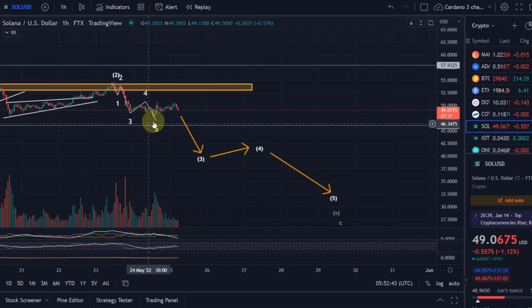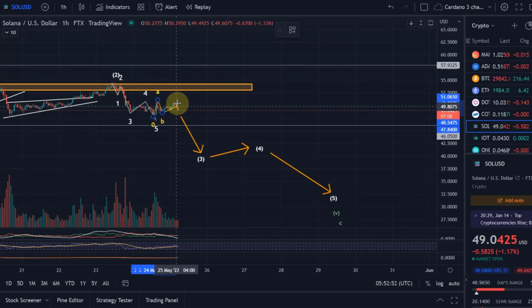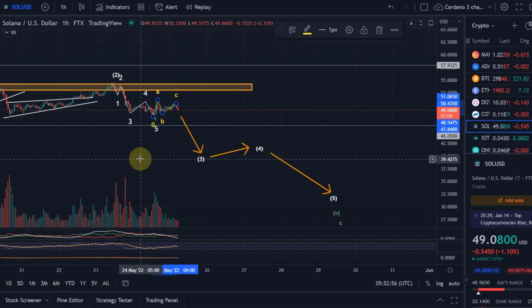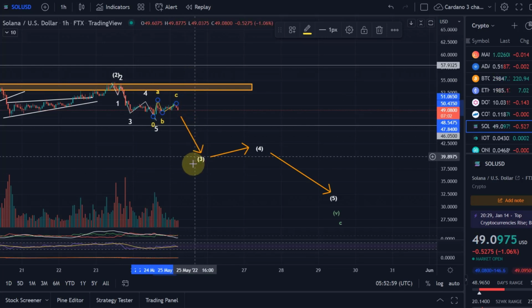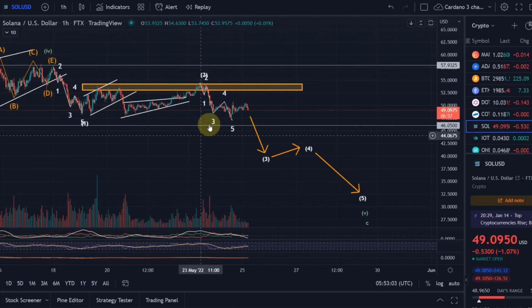We've then seen a 3-wave move down here, a corrective move, an A, B, C. Only a small one, because obviously we are here on the 1 hour chart. And now we should see another 5-wave move down, so indicating that now we should see another correction starting in an ideal case.